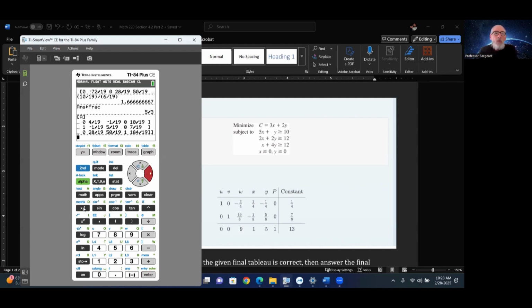In row 2, we have 7/19. And in that column, that will be our pivot column, where the only negative is, we've got 8/19. So we are dividing 7/19 by 8/19. That's going to be 7/8, or as a decimal, 0.875.